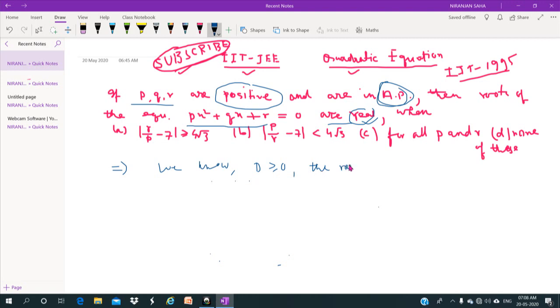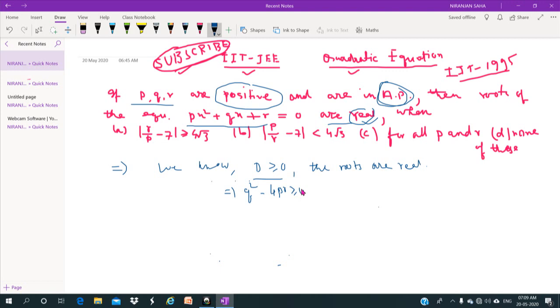So we have to take advantage of these conditions. Here the discriminant will be, as I have written in the previous example, q square minus 4pr greater than or equal to 0.